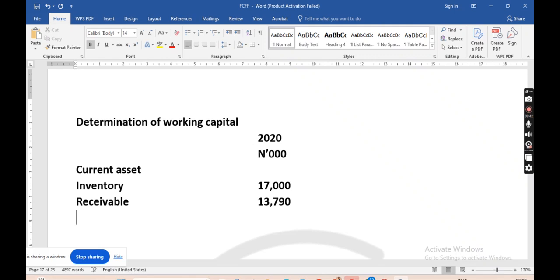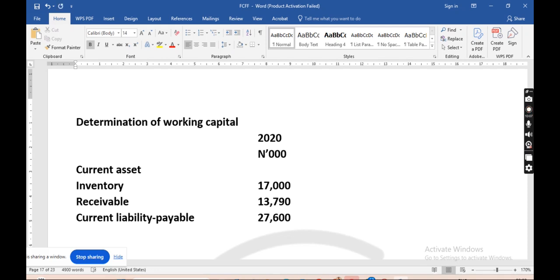Next, we have current liability, which is payable. So what is the current liability given to us? 27,600.